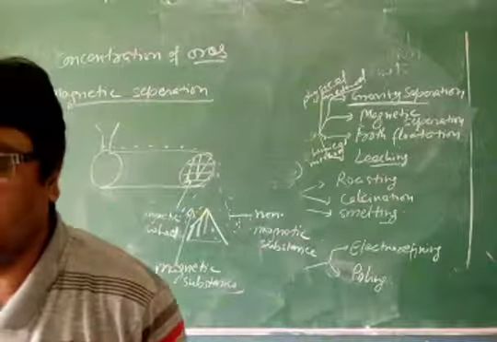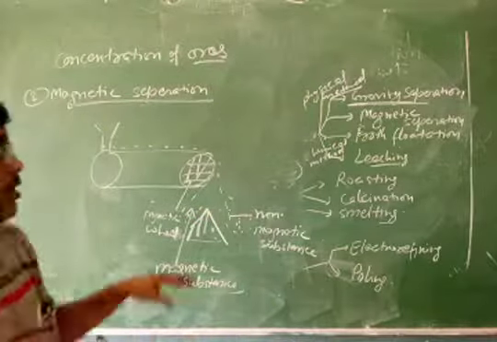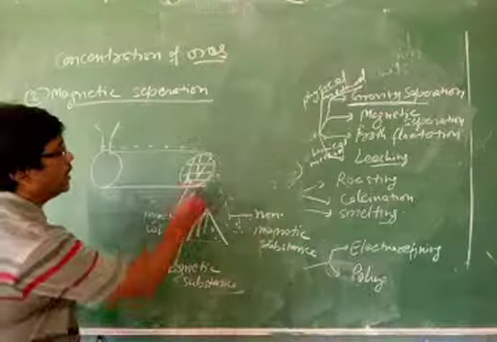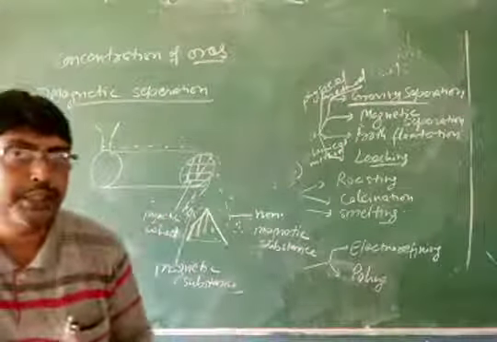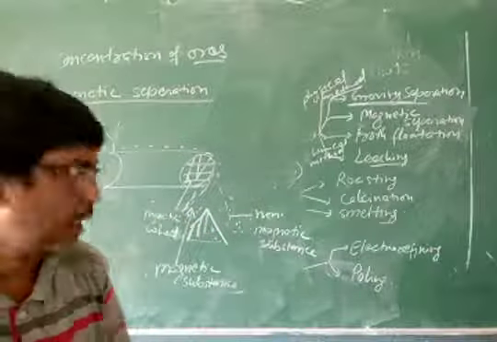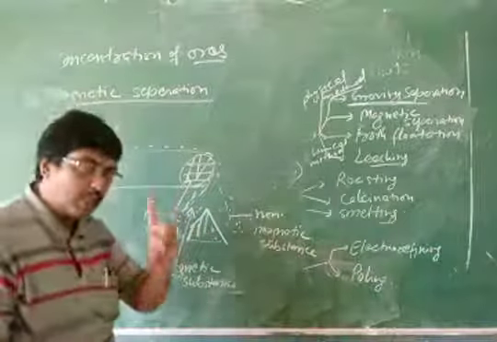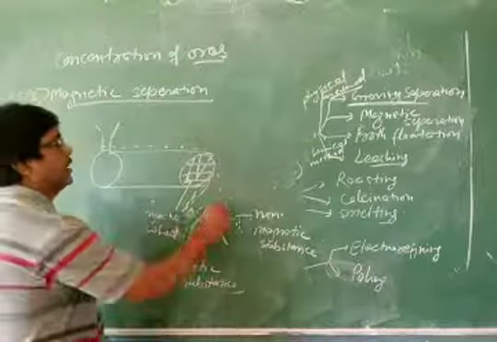The magnetic particles are attracted here. It doesn't matter whether the ore or the gangue particles are magnetic. One will be magnetic, not both the substances.